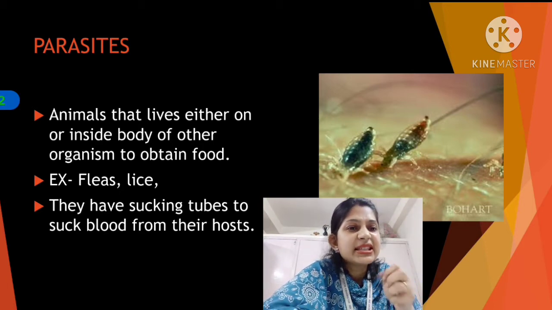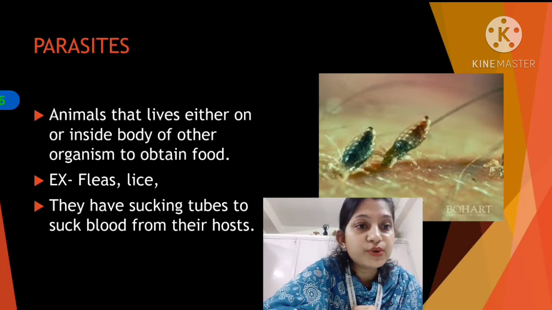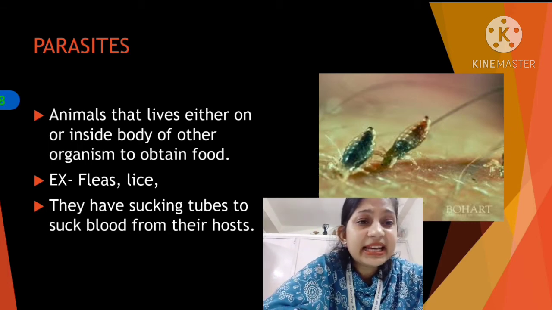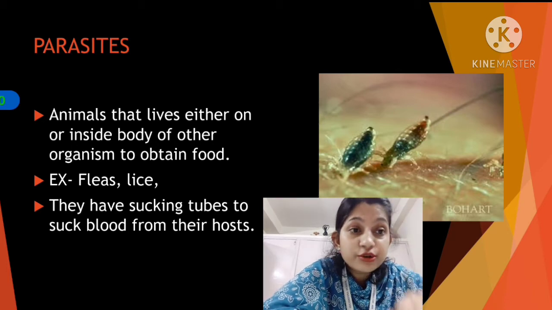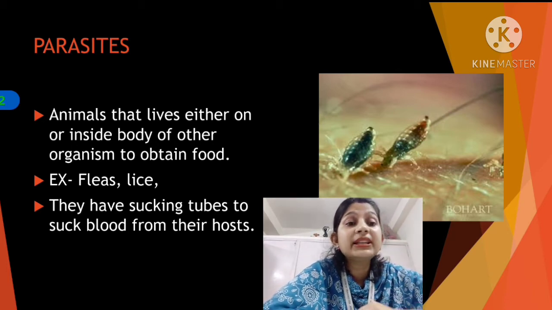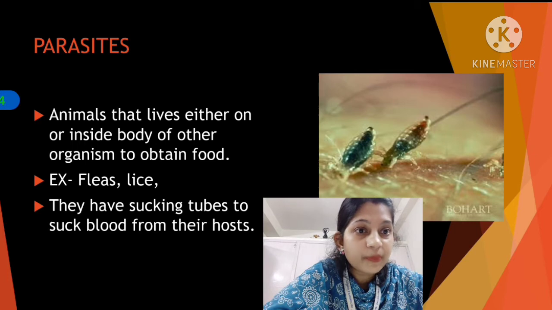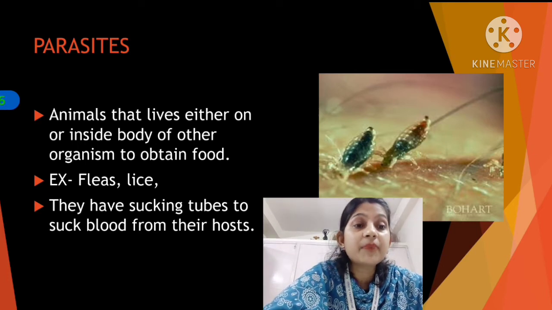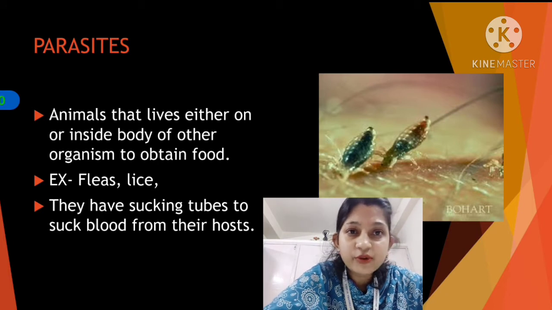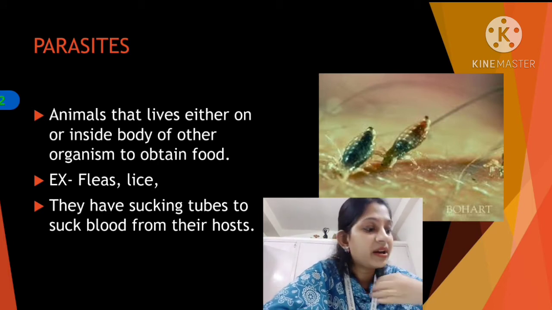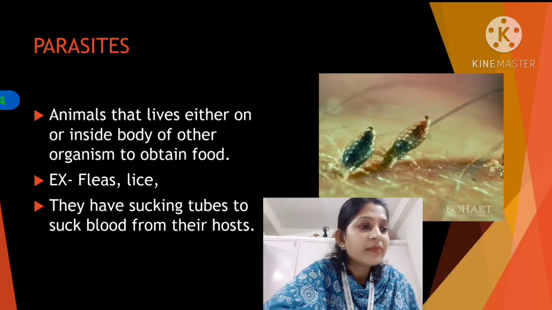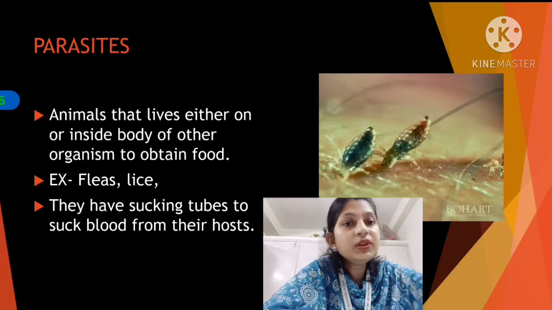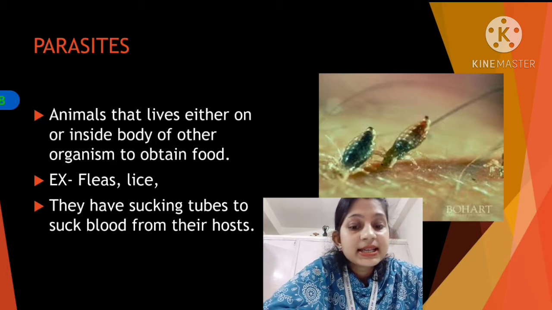They are having some sucking tubes, so from there they suck blood from the host. Example, fleas, lice, mosquitoes, and sometimes you might get worms inside your stomach. So these organisms are parasites. Small worms, pinworms, tapeworms. So these are parasites. That term is missing in your book, but you should be aware of that. So these are the things.